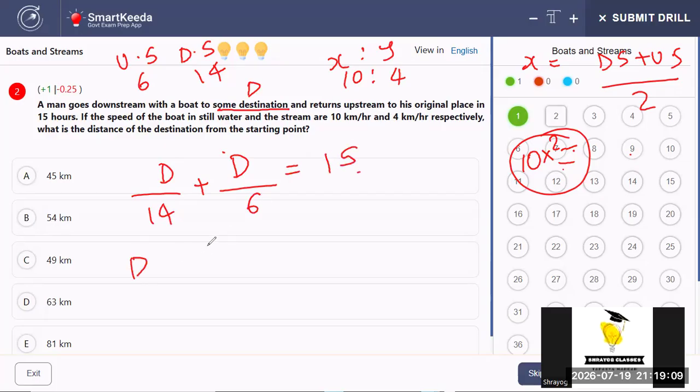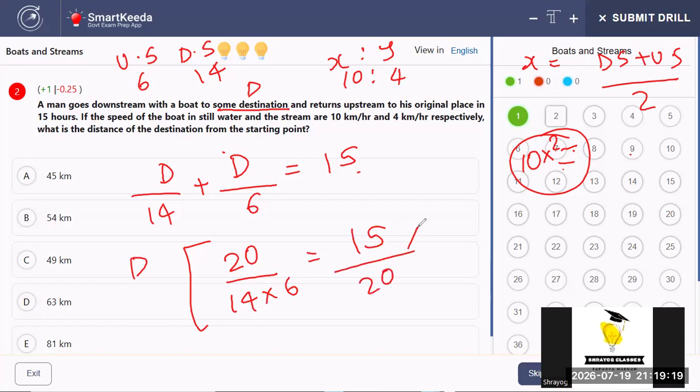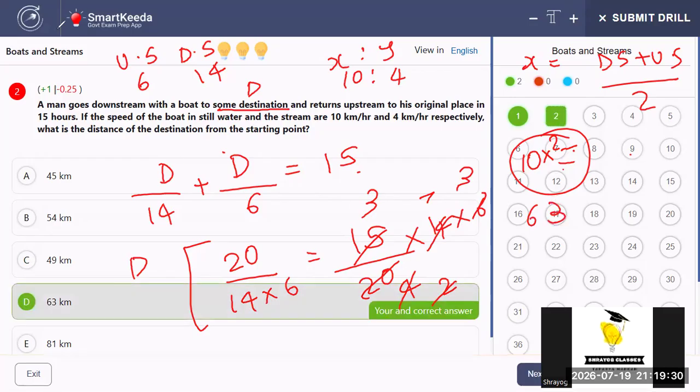So if we take D common, we get 20 by 14 into 60, which is equal to 50. 3 by 7, 63 kilometers. So the option D is correct.